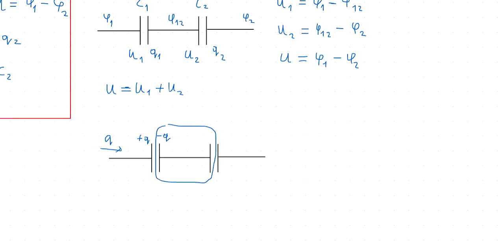And if we have a charge minus Q on the left side of this conductor, we of course will have charge plus Q on the right side of this conductor. But the right side of this conductor is the left plate of the second capacitor.